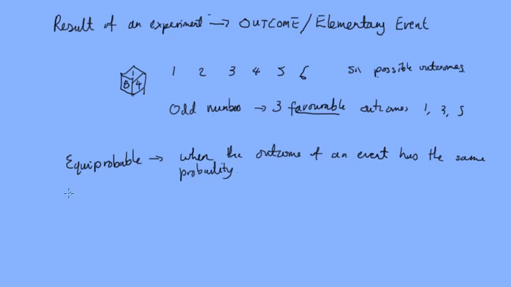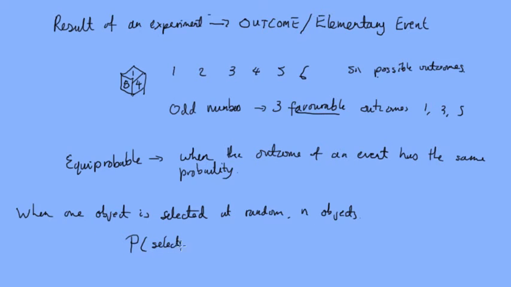So when one object is selected at random and there are n objects, the probability of selecting any particular object is 1 over n.